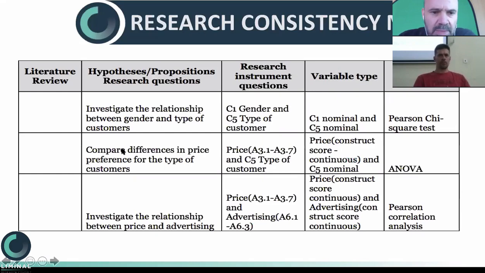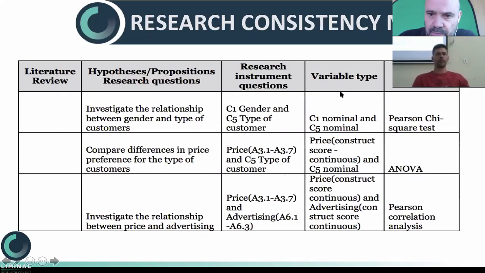Then the next one, compare differences in price preference for the type of customers. Price is this statement here. What I would do is put in another column here and see if it's valid and reliable, because price here must be valid and reliable. And then type of customer is just a nominal or categorical variable.